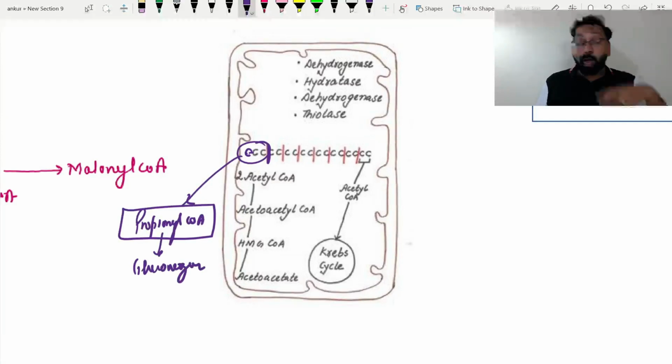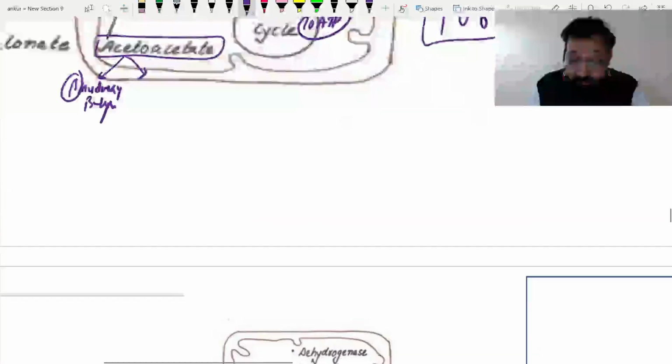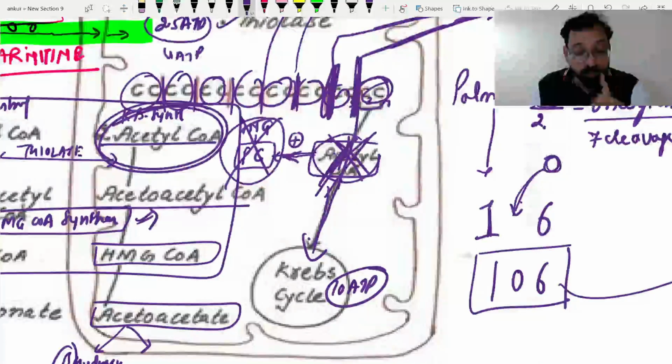You all know any 3 carbon compound is a good substrate for gluconeogenesis, usually, not always. Propionic acid is the fatty acid which can be a substrate for gluconeogenesis. Although fatty acids are not substrates for gluconeogenesis, acetyl coenzyme A is not a substrate for gluconeogenesis. Acetyl coenzyme A is an activator of gluconeogenesis, not a substrate. Point it out. Okay.